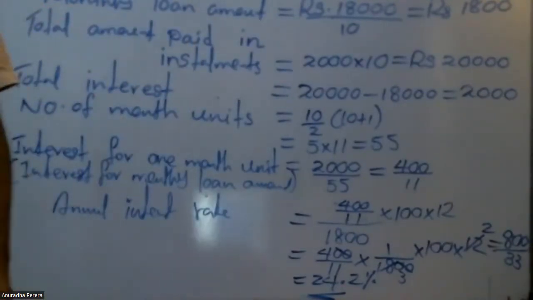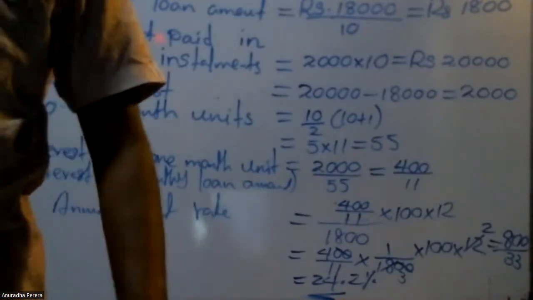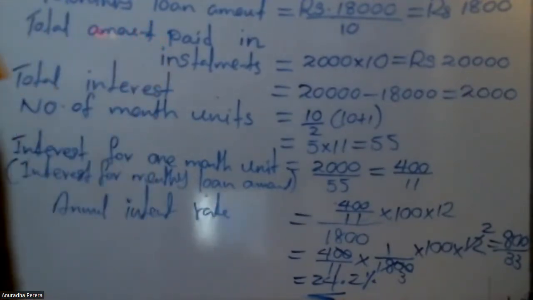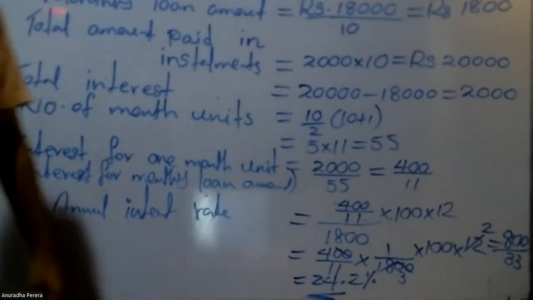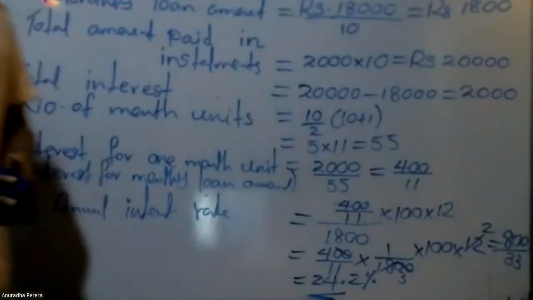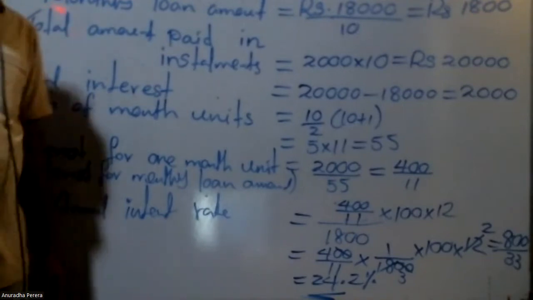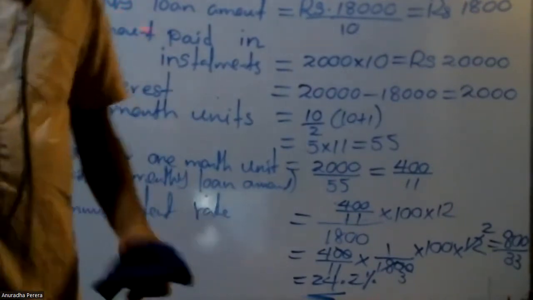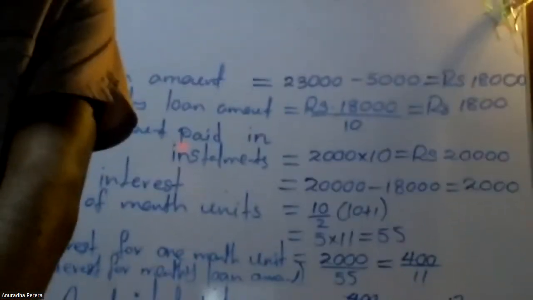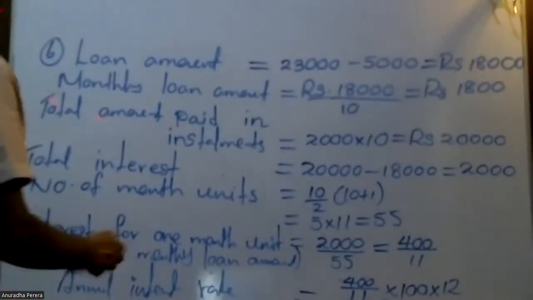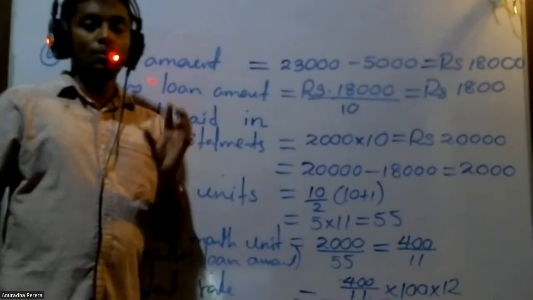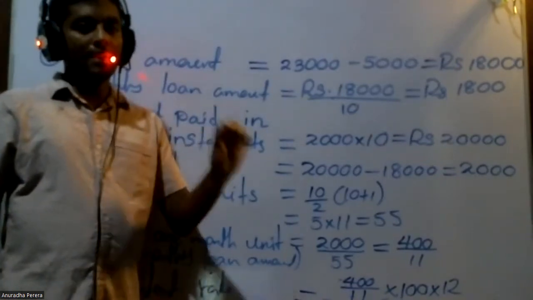Right. Then you can start the last part, the final session of this lesson. Compound interest. Write the topic. Compound interest. You know about simple interest. When determining interest according to the simple interest method, we always use one capital, one loan amount.